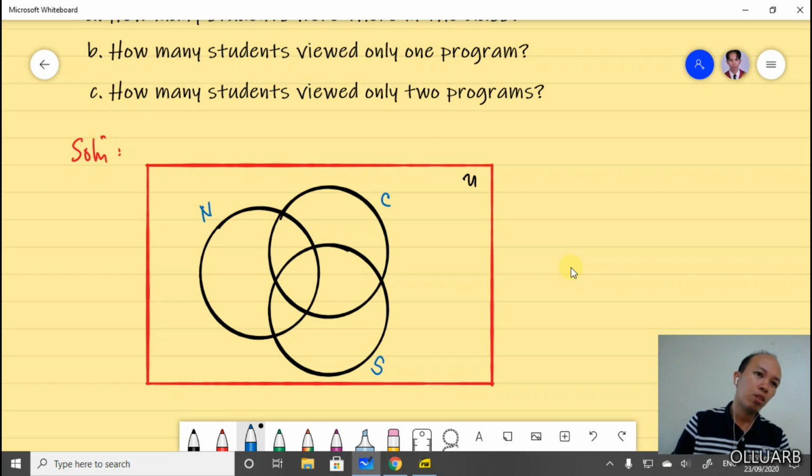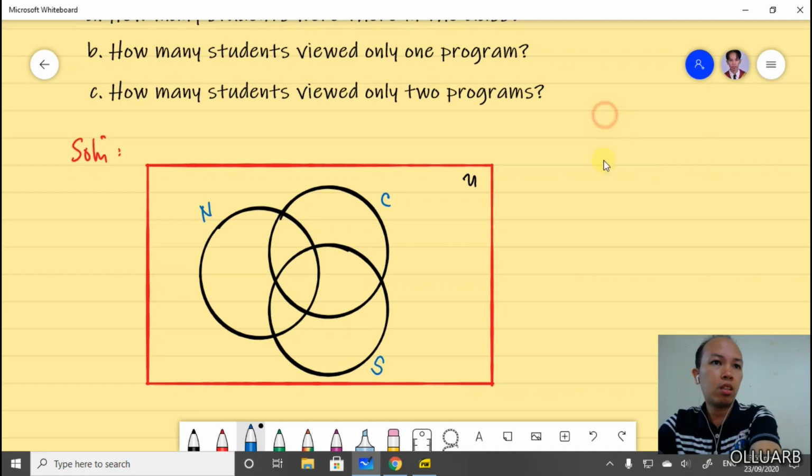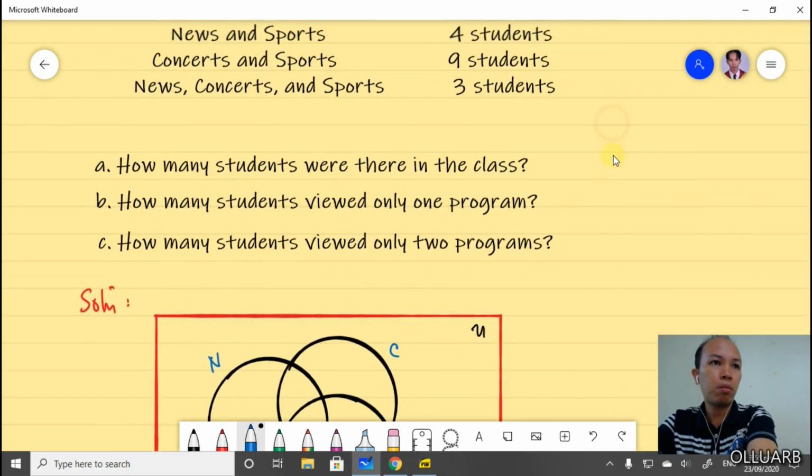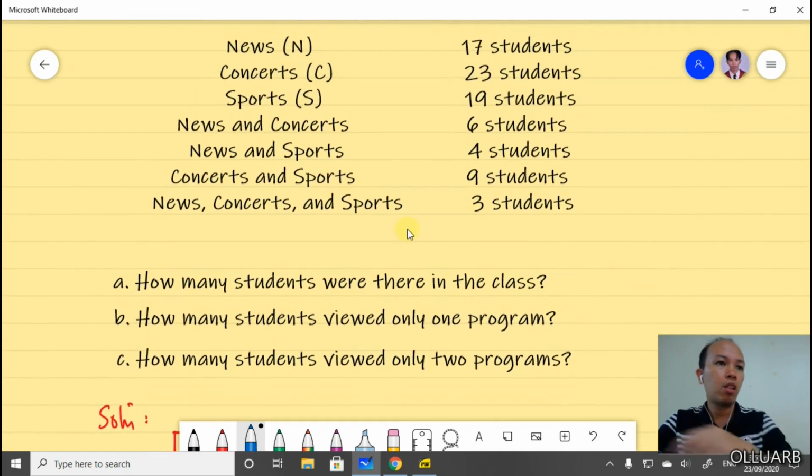So the first thing to attack this problem is to start with the bottom. Locate first those students that watch news, concerts, and sports, and then move upward.